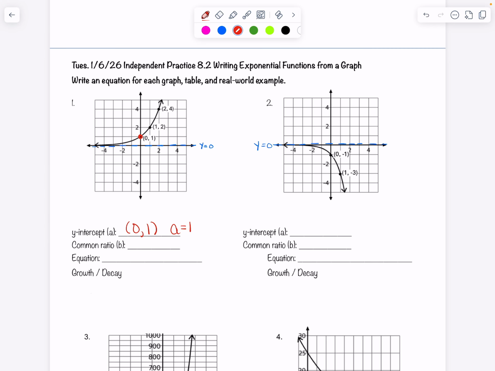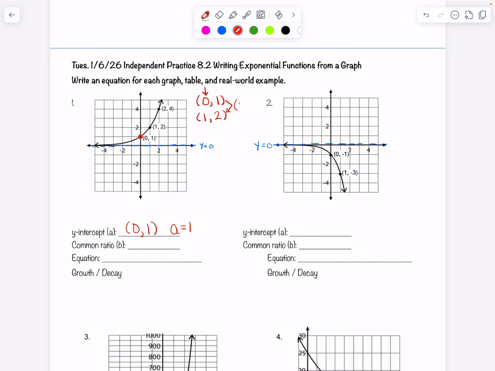To find the common ratio, we need to pick 2 points that are consecutive. So I could do (0, 1) and (1, 2), because my x values are consecutive. I could also do (1, 2) and (2, 4) because they're also consecutive. So whichever 2 you pick, just make sure that they are right next to each other. Then after I make sure that the x values are consecutive, how did they get from 1 to 2?